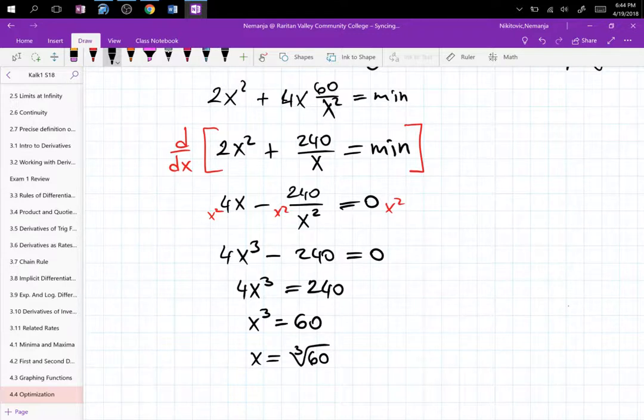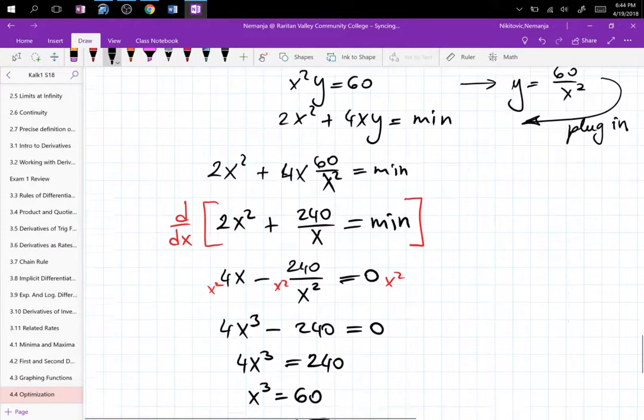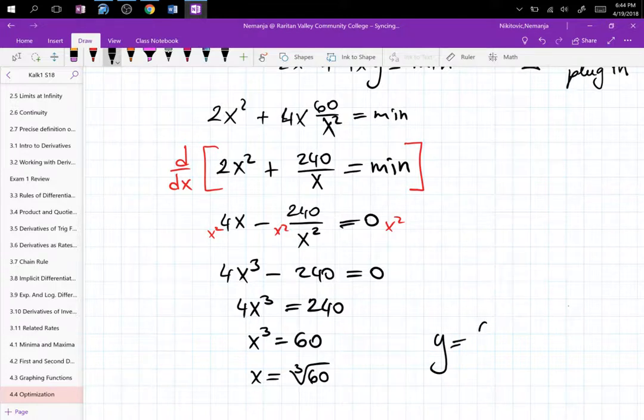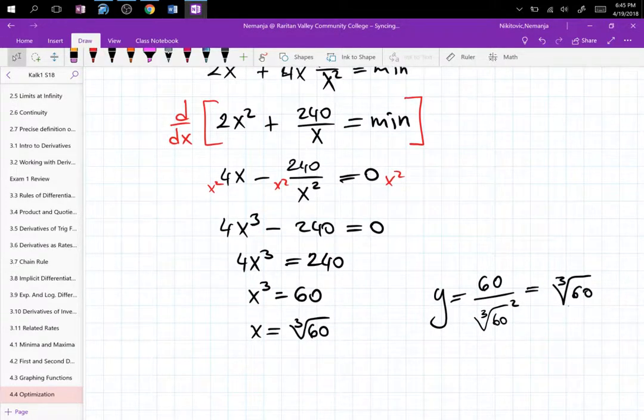Now you can go on and figure out y. Now there is a formula for y. Y is 60 over the cube root of 60 squared, which works out to be the cube root of 60. So it's a cube: cube root of 60 by cube root of 60 by cube root of 60.